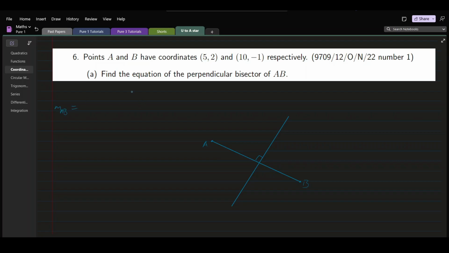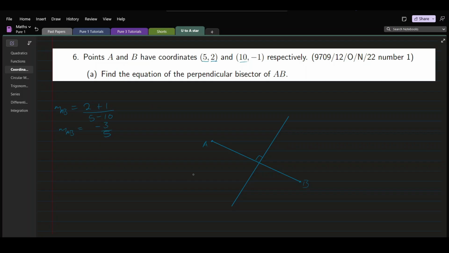So for our line AB, the change in y is 2 plus 1, over 5 minus 10. Punch that into the calculator, 2 plus 1 over 5 minus 10, we get negative 3 over 5. So the gradient of AB is equal to negative 3 over 5.